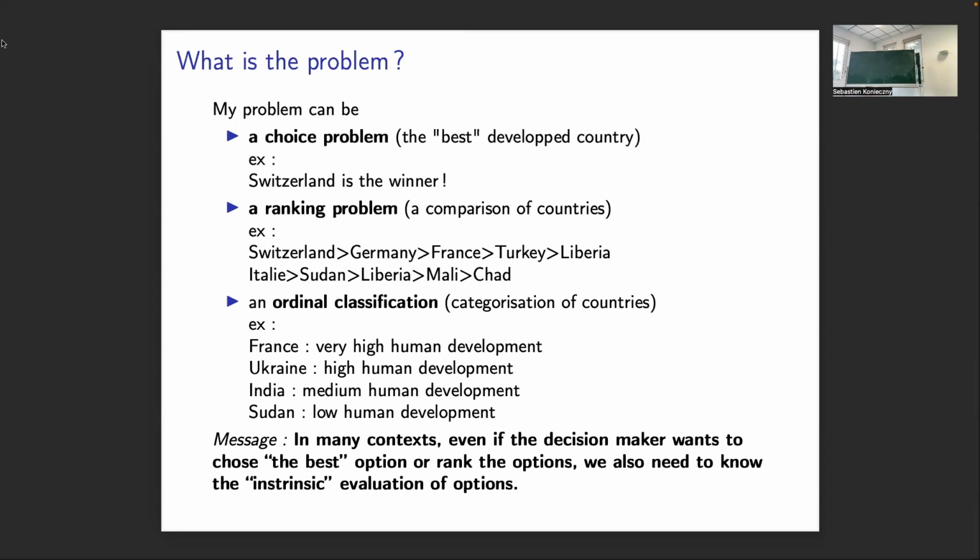You can define a choice problem, a ranking problem, or an ordinal classification, a categorization problem. And sometimes even if you want to do a choice problem, it is better to also have an idea about the quality of your alternatives.